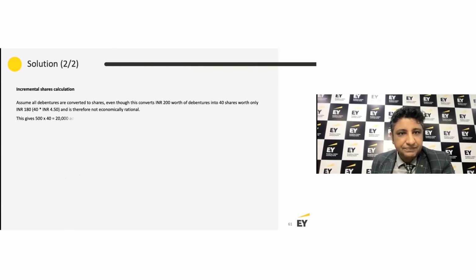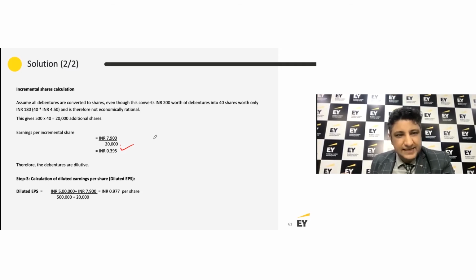And finally, we are looking at 20,000 shares, and the earnings per incremental share is 0.395, which suggests, because it is less than 1, likely it is falling in the dilution. And the diluted EPS is calculated at the revised profit, taking those interest saving net of taxes divided by the total number of shares assuming conversion. So that becomes 0.977. All right.